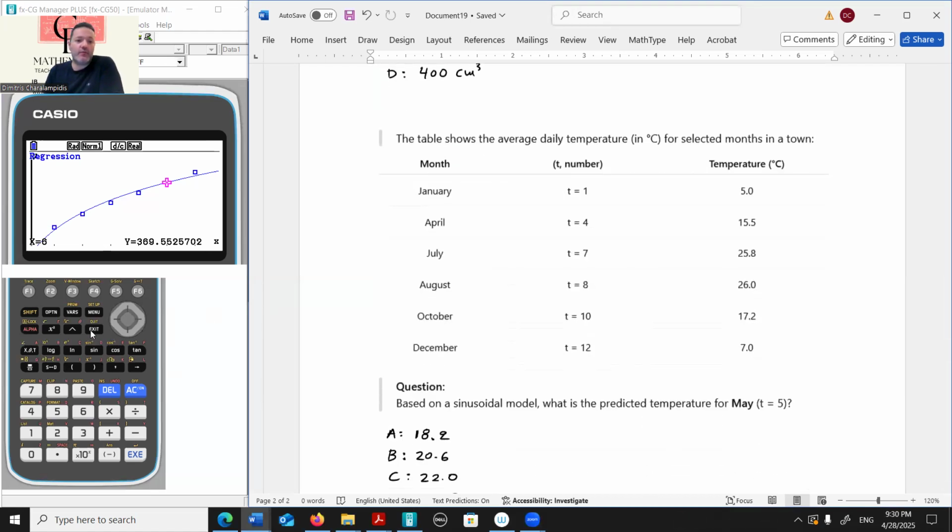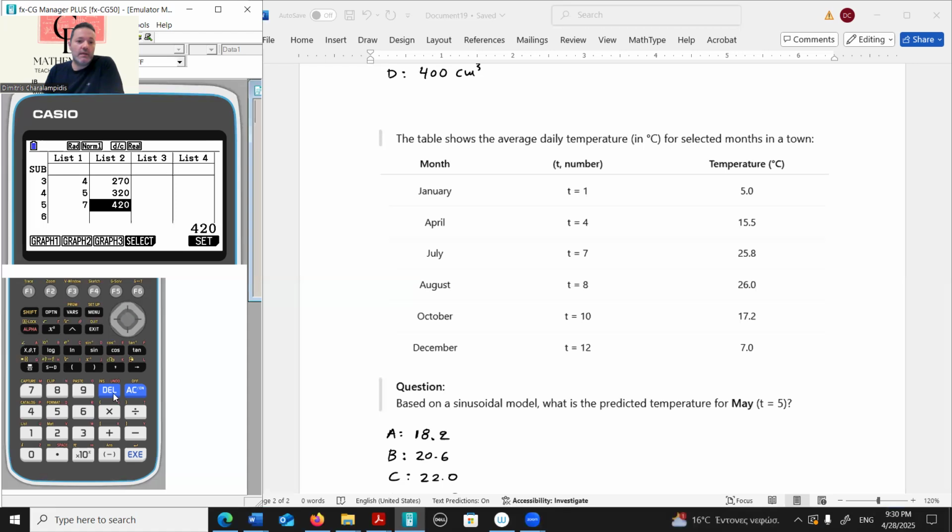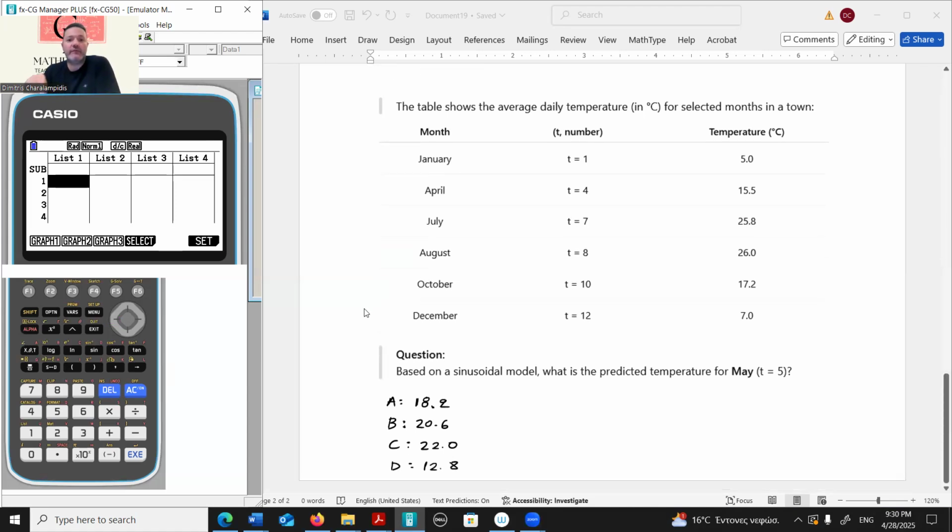And the fourth one, let's clear out everything. By now, you should all understand that the process is always the same. The only differentiation is when we actually select the needed model. So again, I will need to plug in the values 1, 4, 7, 8, 10, and 12.